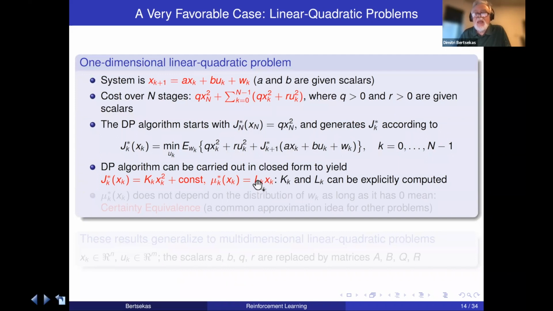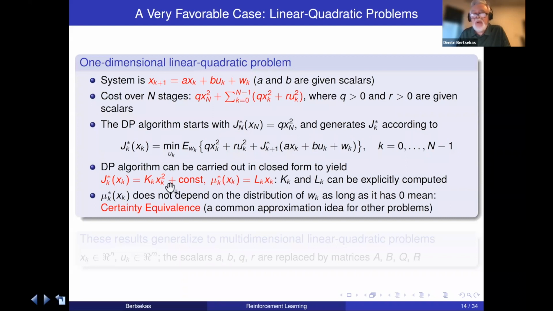And this Lk can also be computed by an easy algorithm simultaneously with Kk. So this is the nice analytical solution of the linear quadratic problem for the one-dimensional case.